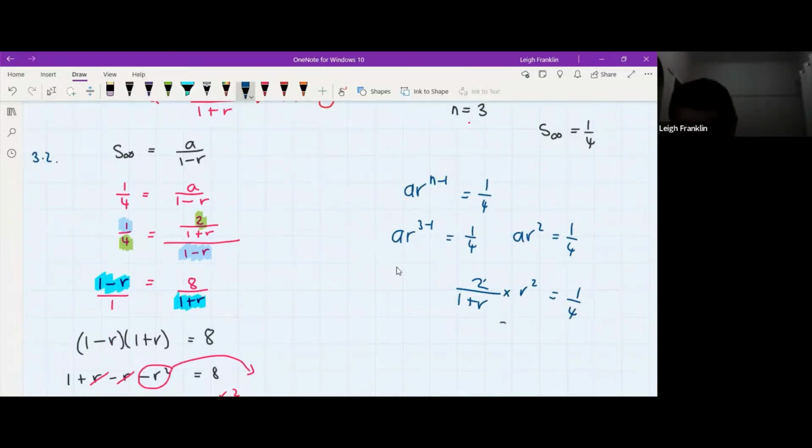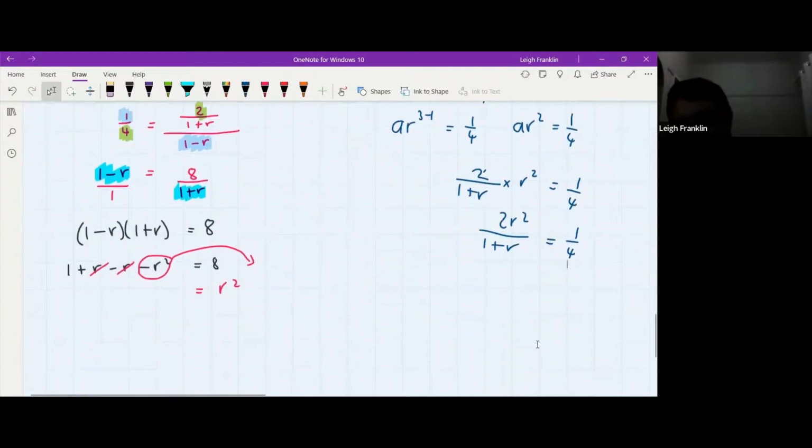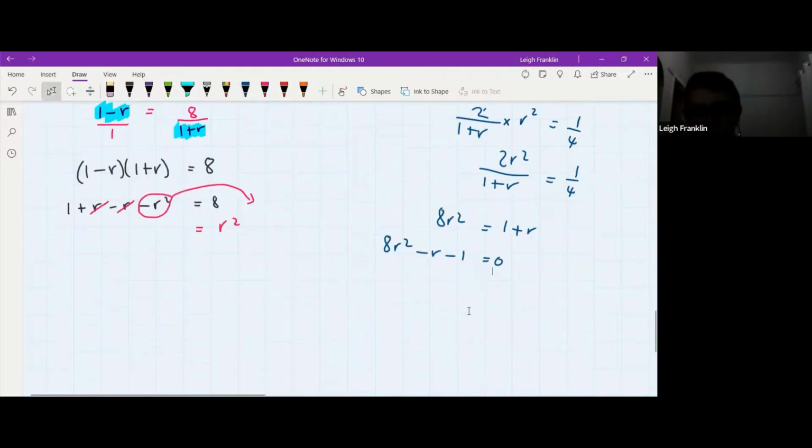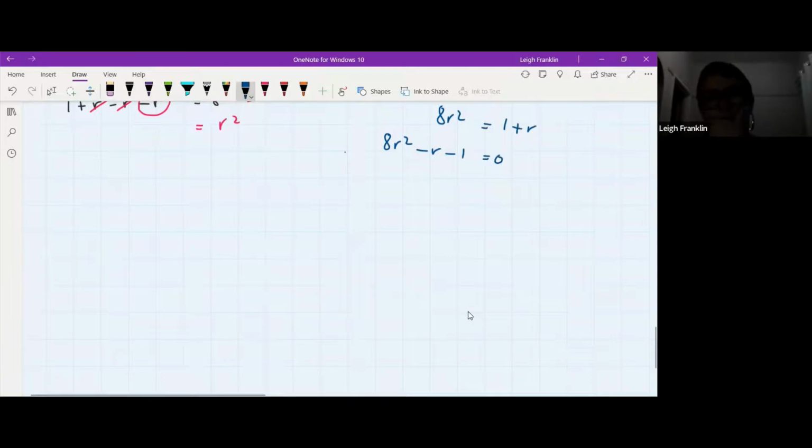Okay, so that gives us, I don't know if this is correct, 2r squared over 1 plus r equals 1 over 4, which leaves us with 8r squared is equal to 1 plus r, yeah. So that gives us 8r squared minus r minus 1 equals 0. So 4r, 2r, that's obviously got to be 1 and 1.